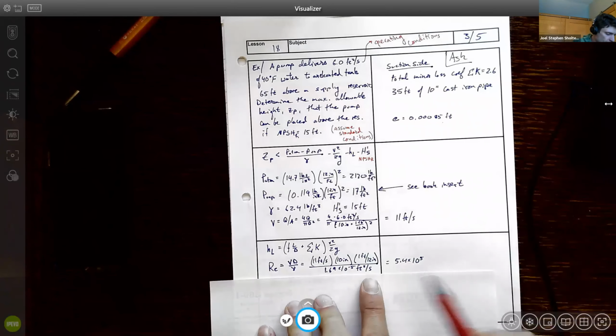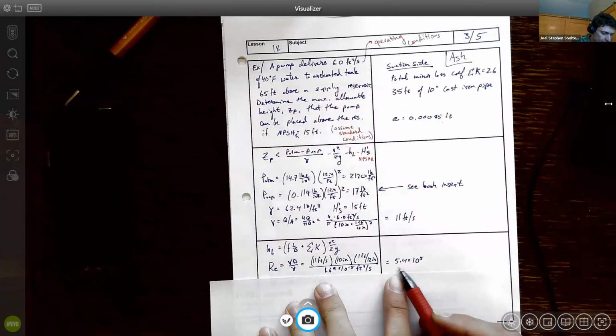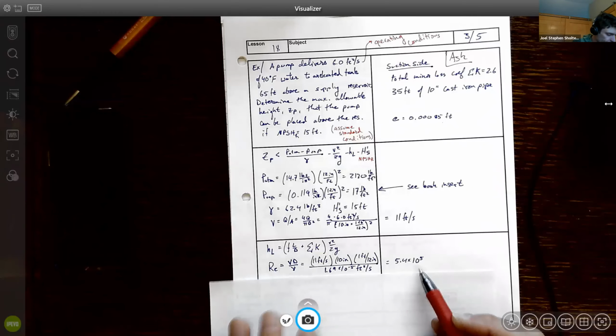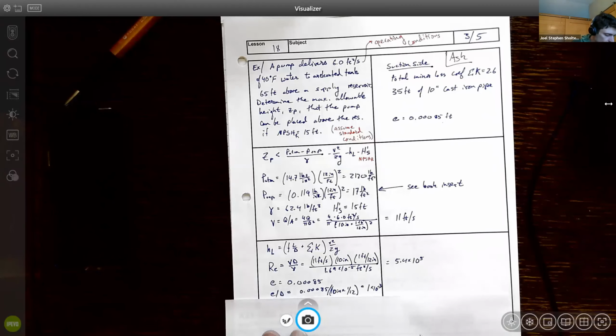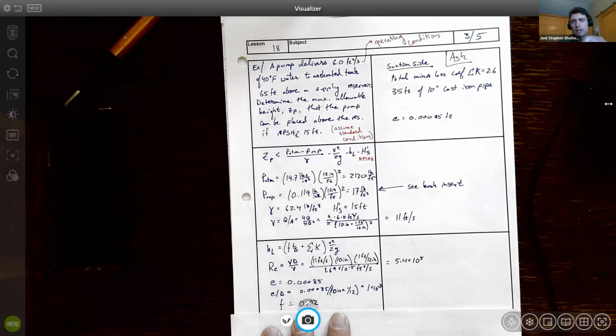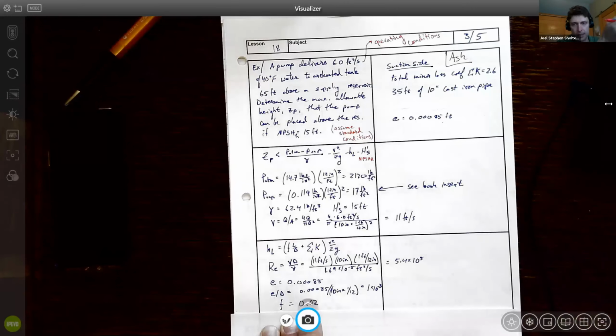And then our Reynolds number ends up being 5.4 times 10 to the 5th. Okay, E over D: we have our diameter, 10 inches divided by 12, and our roughness height for cast iron, 0.00085. So here's our E over D. And we can plug that into the Swamee-Jain equation, or we can go to our Moody diagram. There's no iteration here, right? Because they gave us the flow rate, the velocity, and the diameter, so we can directly calculate our F value.